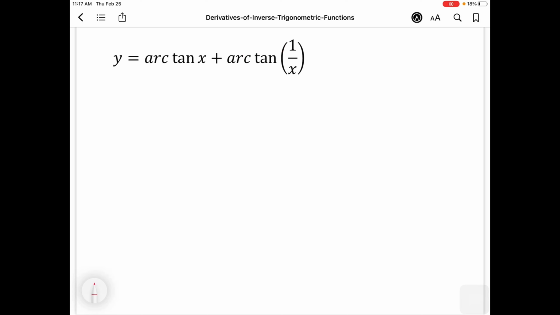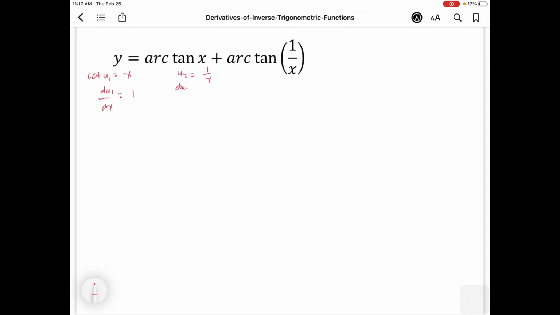Next given is y is equal to arc tan x plus arc tan of 1 over x. So magkakaroon tayo dito ng dalawang u. We have to let u sub 1 is equal to x, then du sub 1 over dx is equal to 1. Then yung isa, u sub 2 is equal to 1 over x.